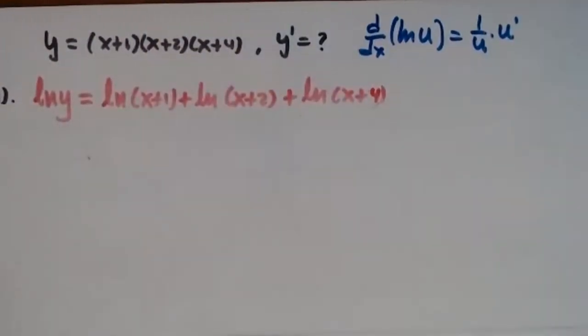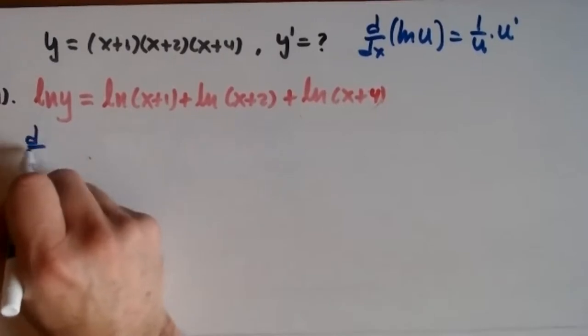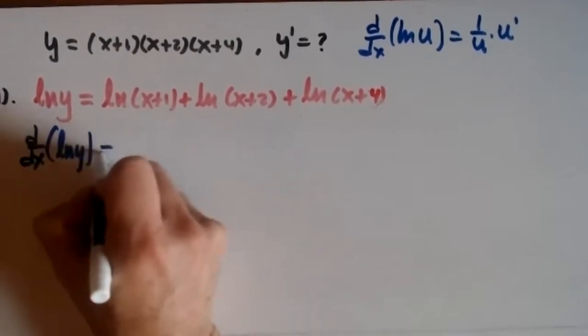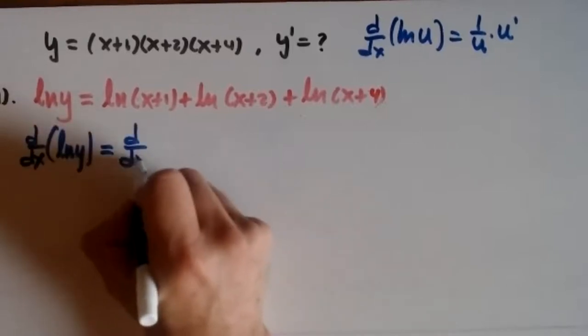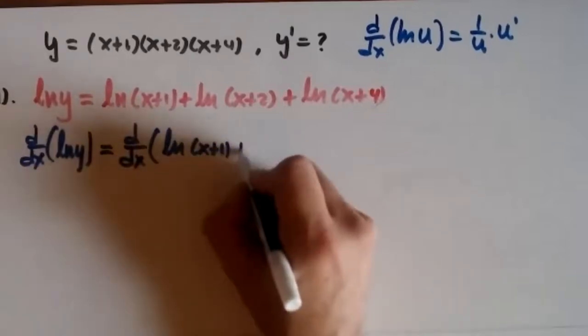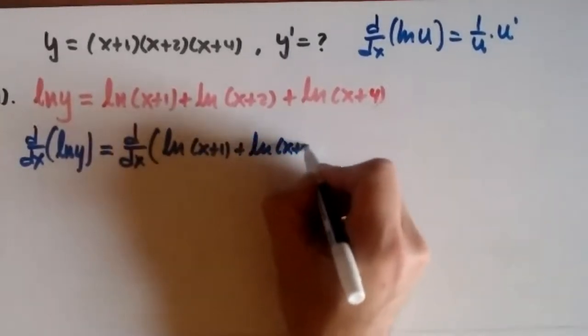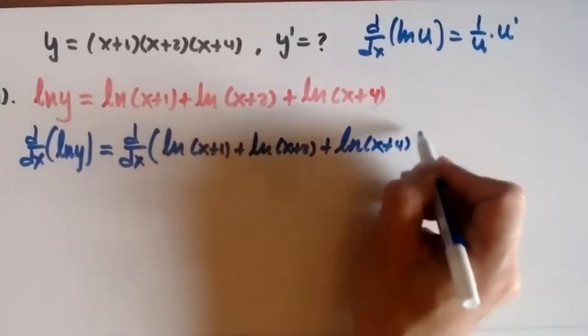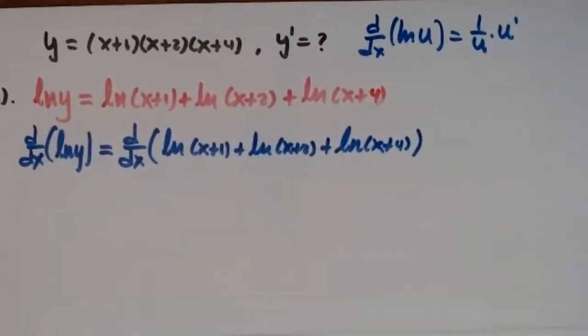Okay, now I'm going to take the derivative both sides. So I'm going to take derivative with respect to x of ln y equals derivative with respect to x of ln x plus 1, ln x plus 2, plus ln x plus 4. There. Okay.